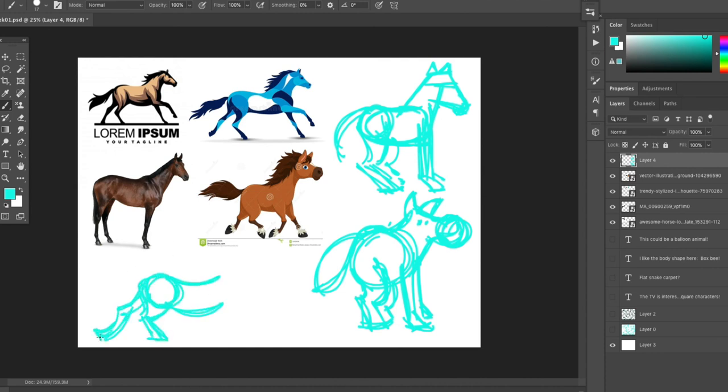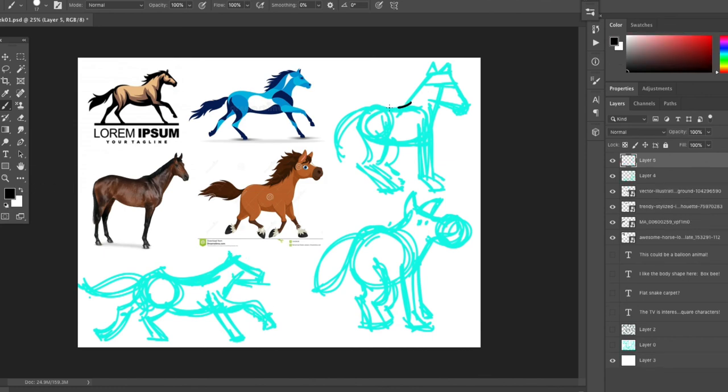So you can see here that I'm still using some very geometric shapes, but I'm trying to change the head and the body and things like that. And you can see that right through here I'm trying a running one, having a look at the gallop a little bit more, or the canter, not sure.